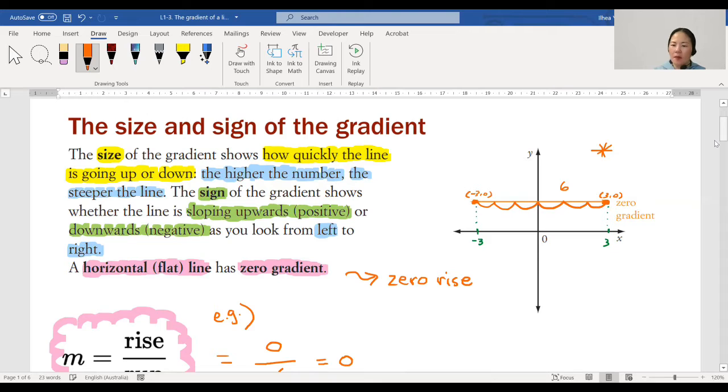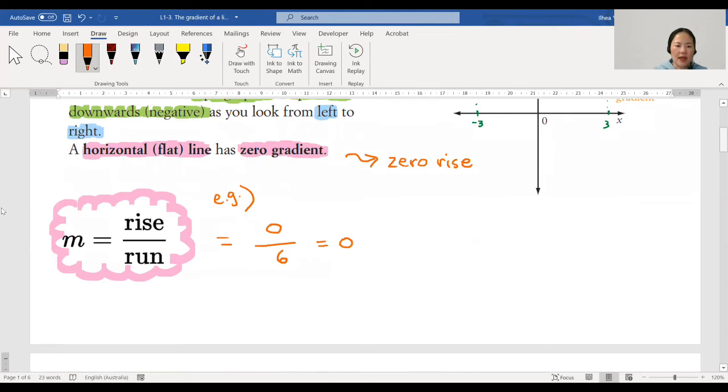But because it didn't go up or down, there's no rise. So if I want to use the formula, the m, the gradient, equals rise over run, I have no rise. Rise is 0, but run is 6. It went to the right by 6 spaces, and it'll become 0. When you have a flat line, it means 0 gradient.